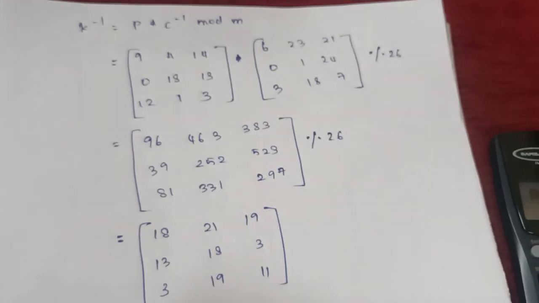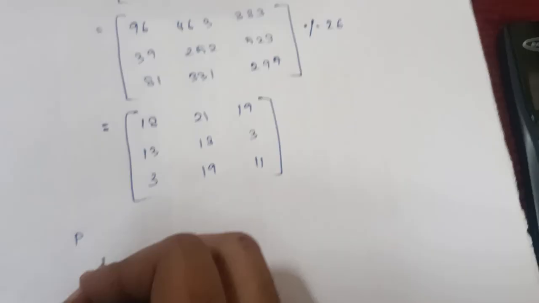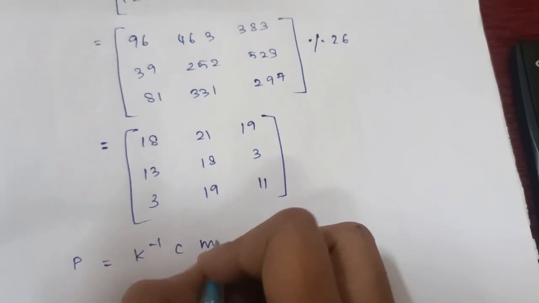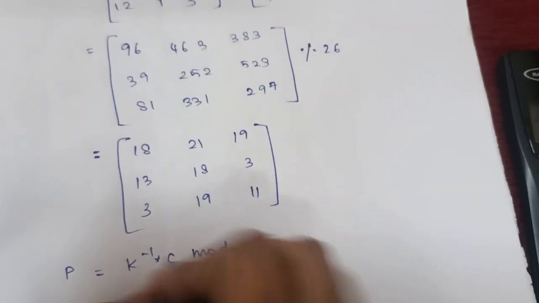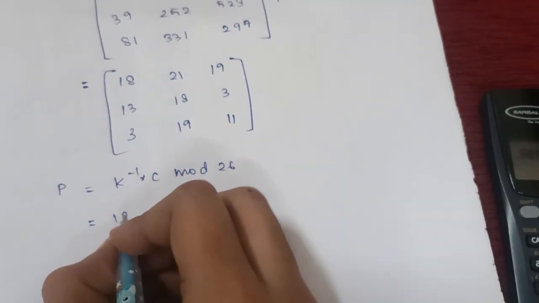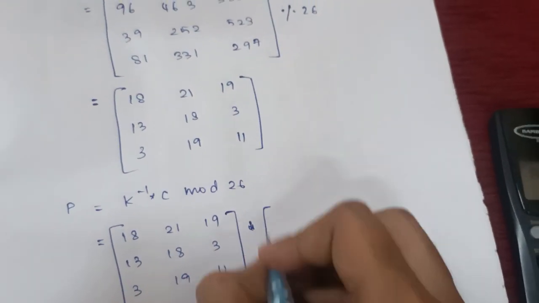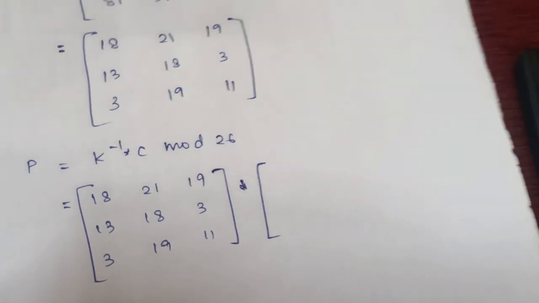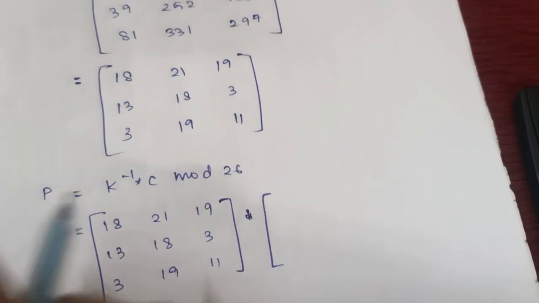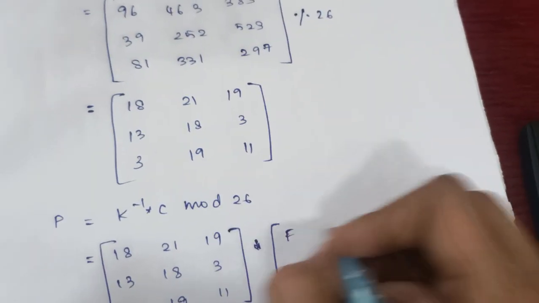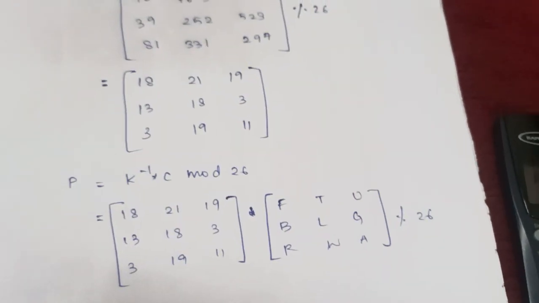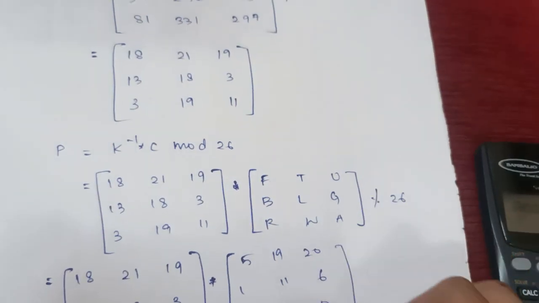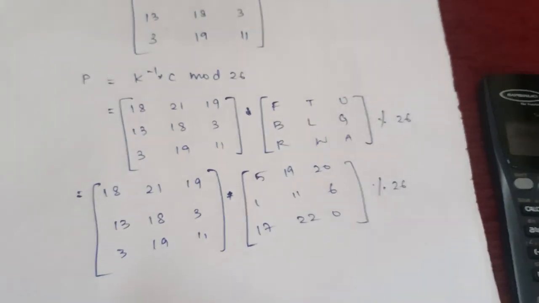Now we are going to substitute this K inverse into the main formula. The formula for finding plain text is P is equal to K inverse into C mod 26. We have found K inverse, and here the ciphertext is nothing but the text from which we need to find the plain text, that is from F to A. The corresponding numerical positions are written now.